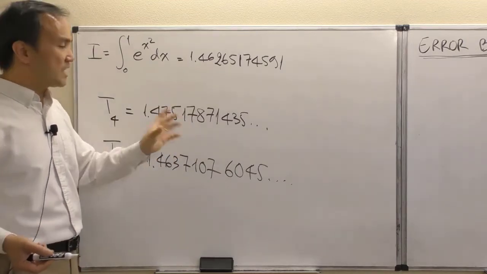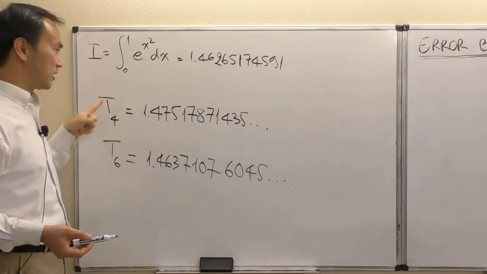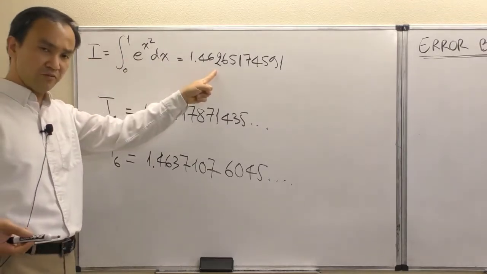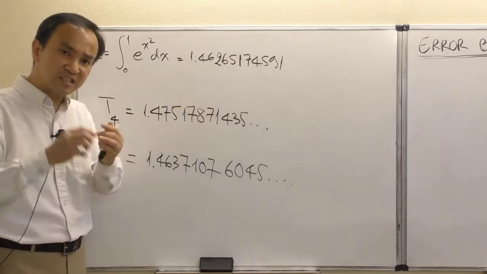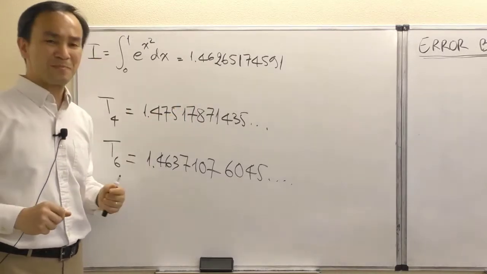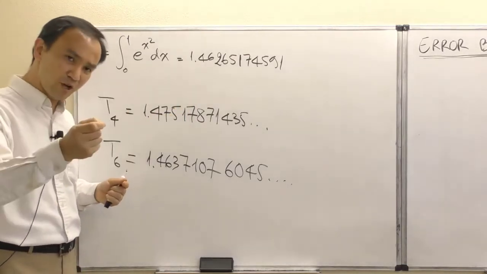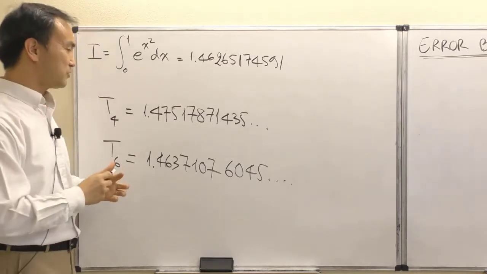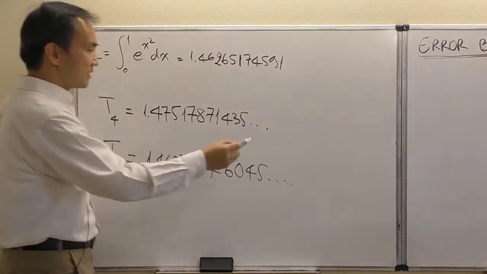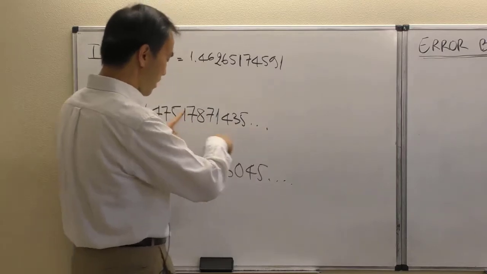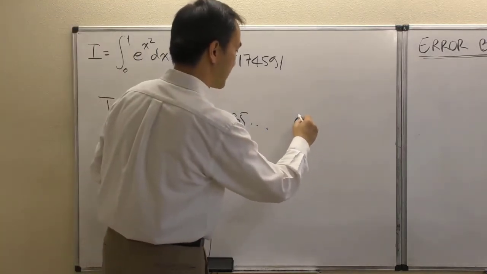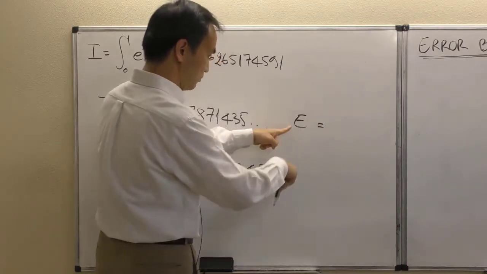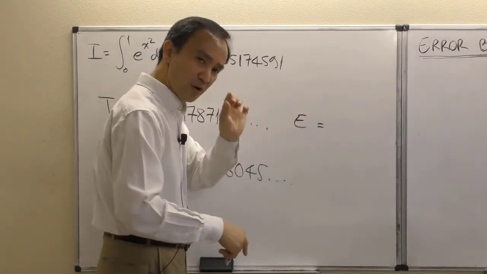So in other words, if we compare T4 with the real answer written here, there's a slight difference, and that slight difference is a slight amount of error. That's what I'm talking about. It's the error. So I notate it by a capital letter E, for error.